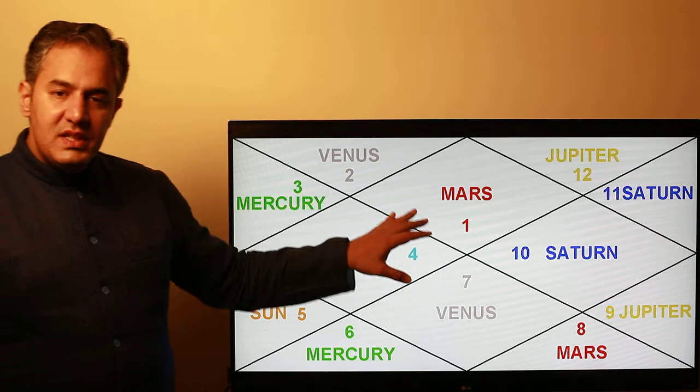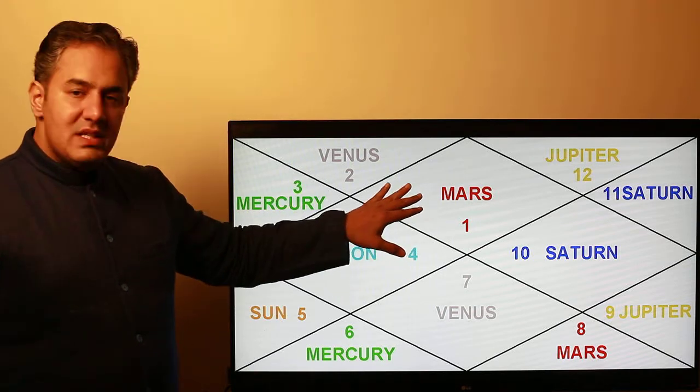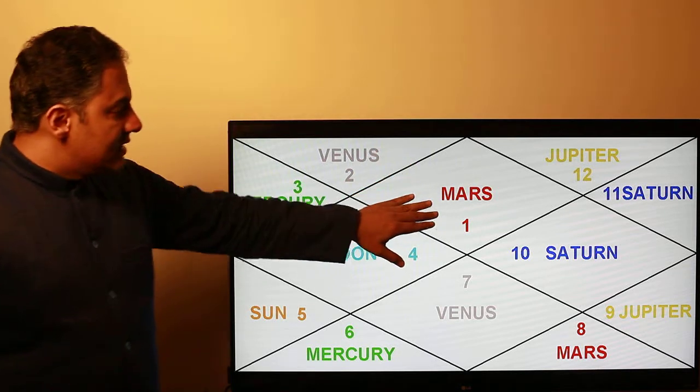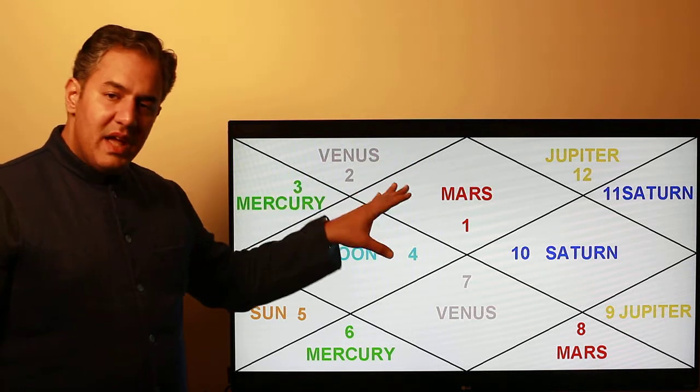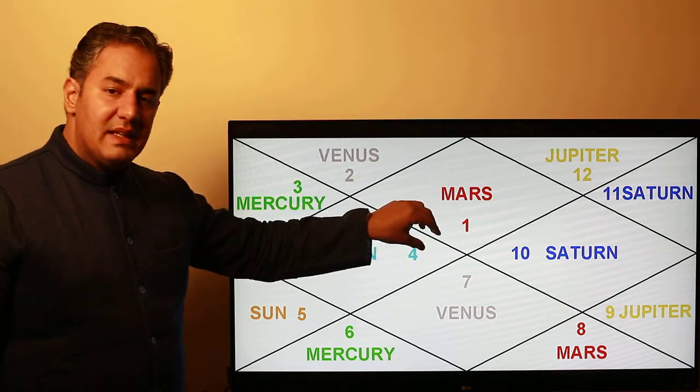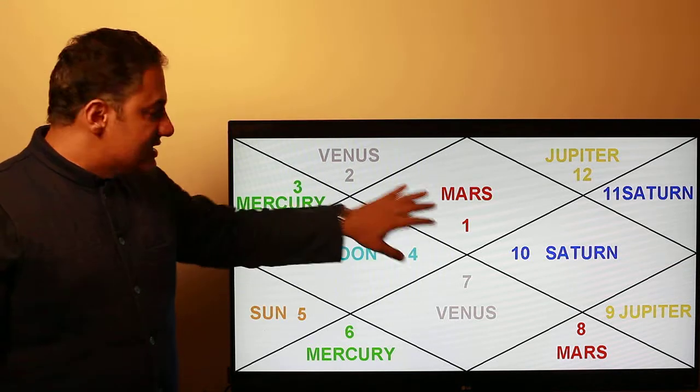Now I have placed all the planets into their signs, and I have placed these planets in their own signs. Now these planets rule these signs, not the houses, but the signs.